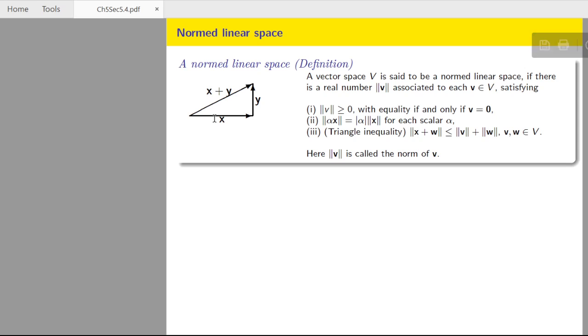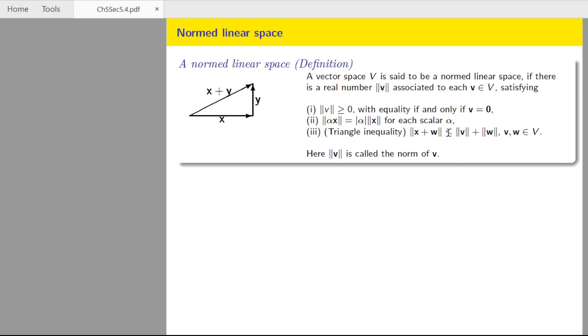Now in this case, just like what we knew in middle school or high school, the length of the third side is less than or equal to the summation of the lengths of the two other sides. So that's a geometric interpretation for the triangle inequality here.